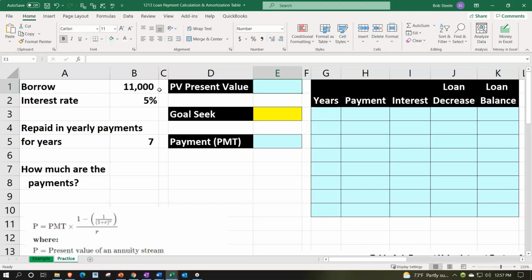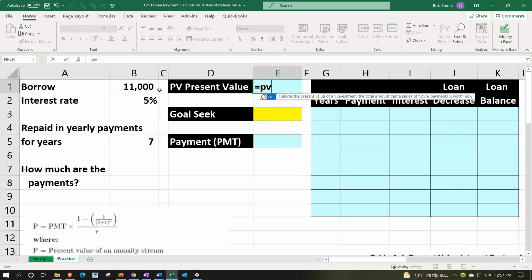So we might say, let me see if I could start plugging this into a present value, shift 9. The rate would be this 5%, so we pick up the 5% in B2, comma. The number of periods would be 7, which we know. Then the payment amount, comma. We should have a payment amount because this is a series of payments, and that's what we don't have.